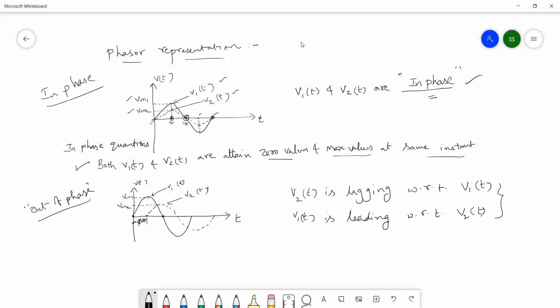Even for out of phase, we need to identify which quantity lags and which leads, rather than just concluding out of phase and stopping. We need to move further: which quantity is leading, which is lagging, and if lagging, how much angular difference?